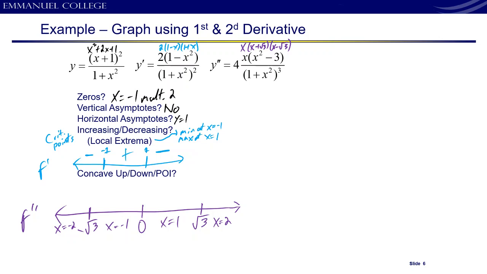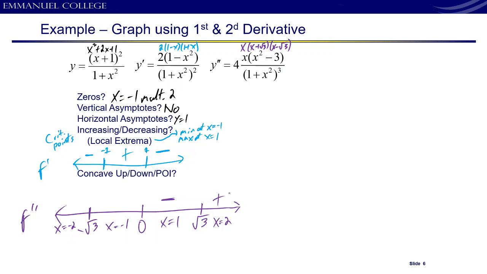So if we plug in 1, we get 1 times 1 minus 3, which is going to be negative. If we plug in 2, we get 4 times 4 minus 3, which is positive.